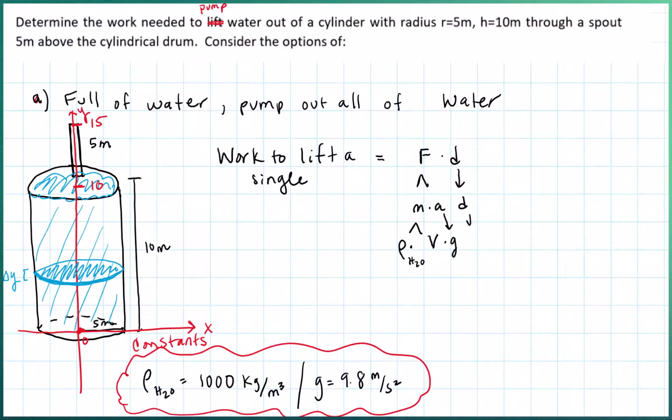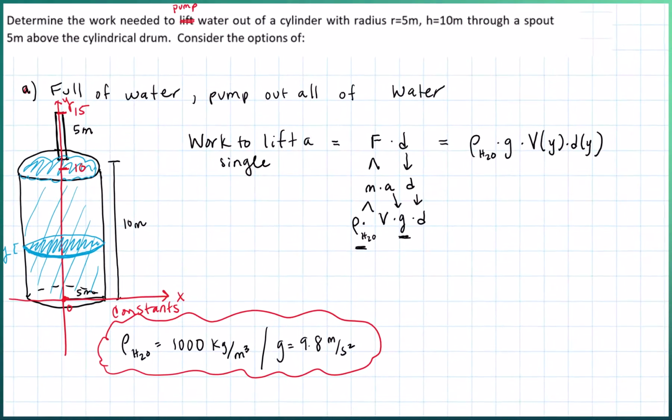So I'm carrying all my values down here. Now, these two are constants, and so in the work, I'm going to pull those out. That's the density of the water times the gravitational constant times, now what could vary is the volume of a slice, and it's going to be in terms of y. So the volume of a slice is y. And then the distance that we have to lift each slice, we're going to write that as d of y.